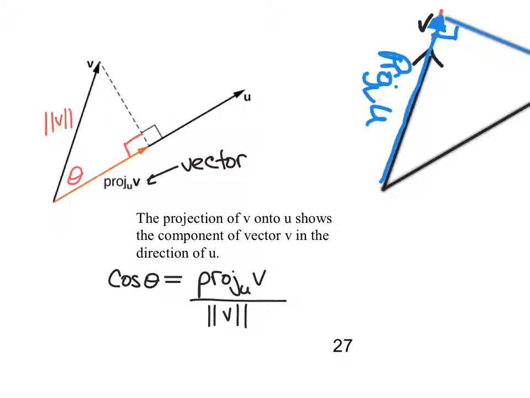Cosine ratio, sine ratio, whatever, they're all dealing with lengths of sides, so I'm going to slap a magnitude on this. What I get is that the magnitude of the projection of V upon U is equal to the magnitude of V multiplied by the cosine of theta.